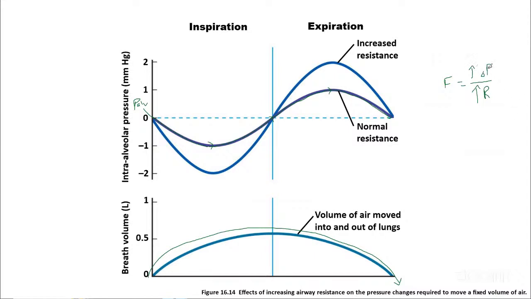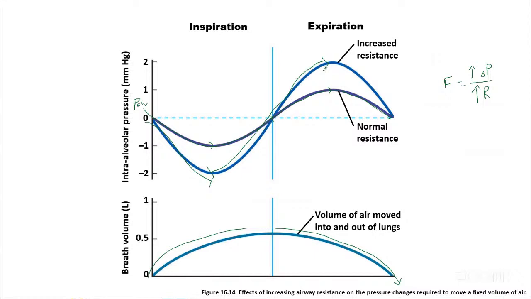And since we set atmospheric pressure equal to 0, what that really means is we need this alveolar pressure to be dropping down a lot more. So with this increased resistance, we needed to go to -2 in order to get that same amount of air into the lung. And to force it out, we also need a bigger pressure difference because we've got these skinny little constricted tubes. So we're going to need to create a higher pressure and therefore a higher pressure difference to force all that air out of the lungs.